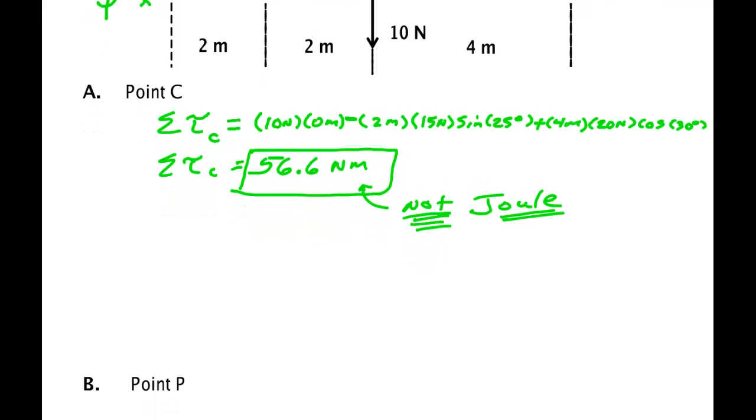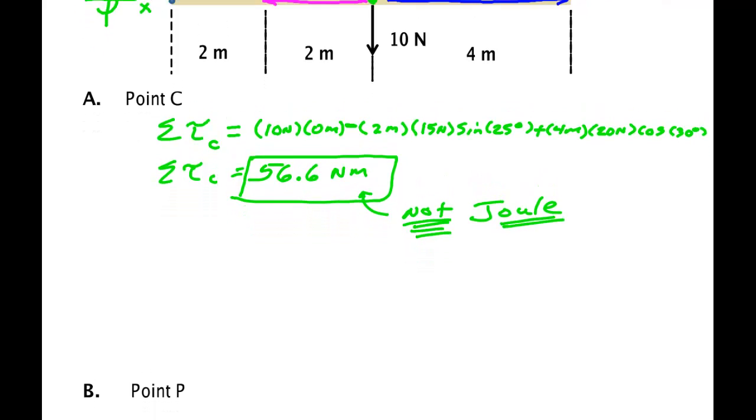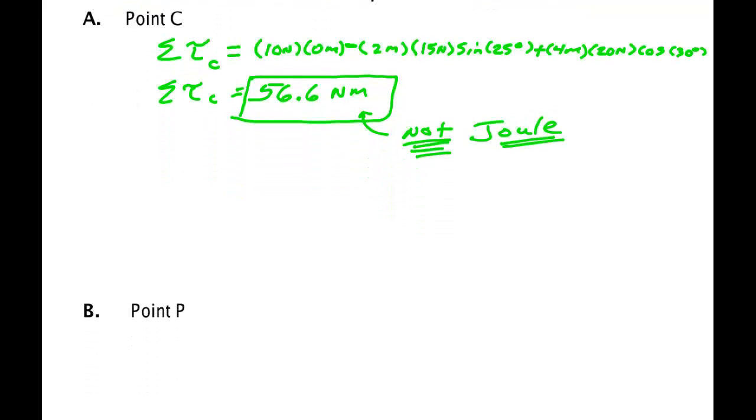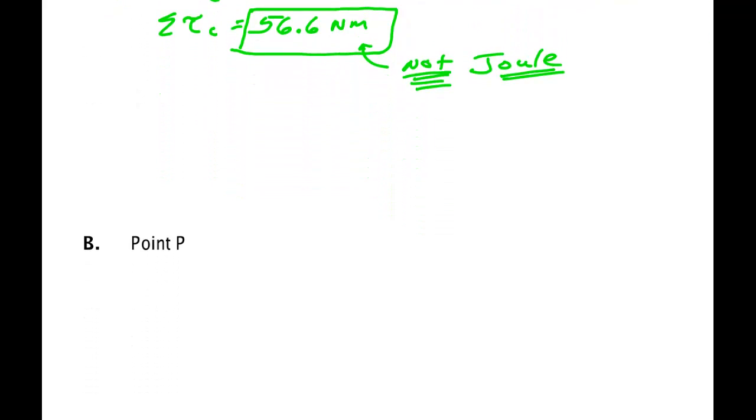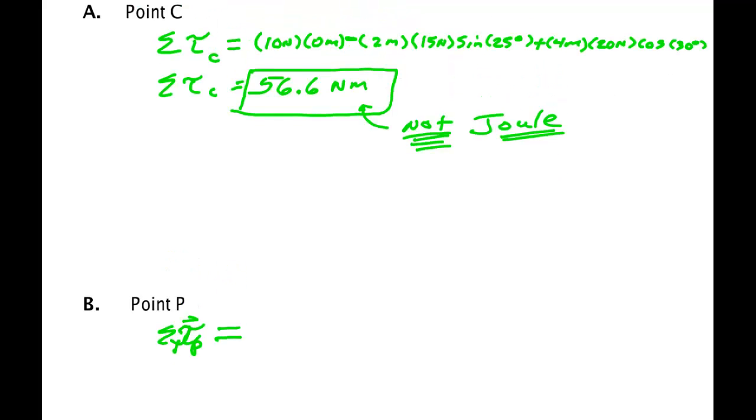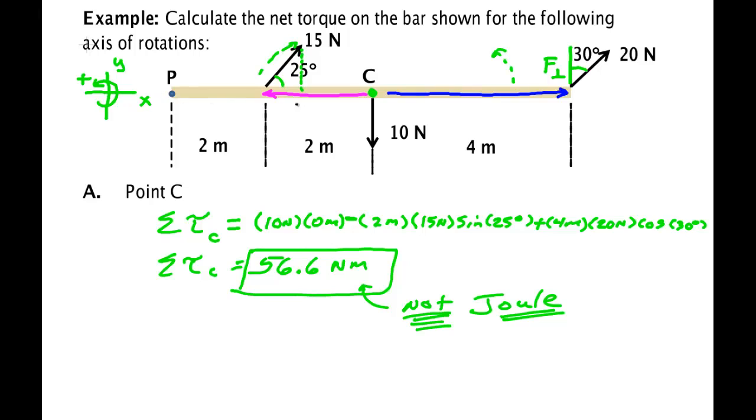So let's go ahead and do this problem here. For point P, whoops, drew my torque the wrong way. We start with the first force, which is the 10 newtons.